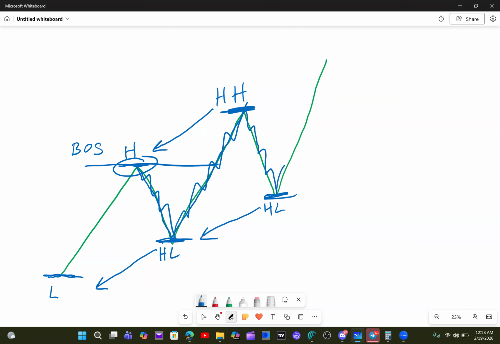It's going to break structure here, and then keep on going until the market decides to reverse.